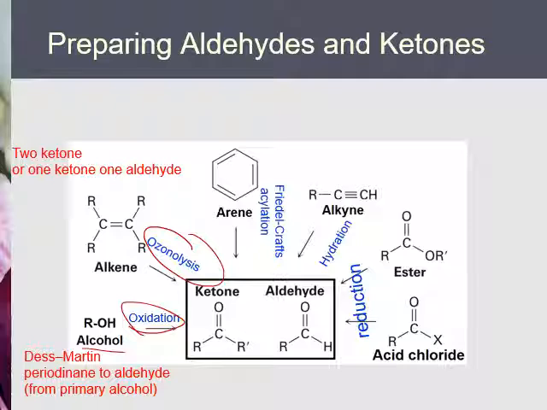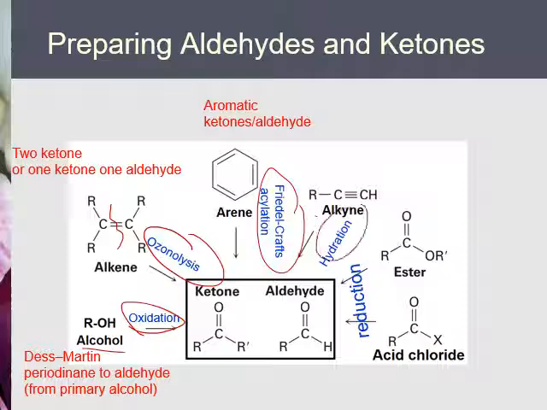Ozone cleaves the carbon-carbon double bond, adds oxygen to both sides, and gives ketones or aldehydes. Aromatic ketones and aldehydes can be synthesized by Friedel-Crafts acylation reactions. Alkyne hydration reaction gives ketones. If the alkyne is a terminal alkyne, the product is a methyl ketone.